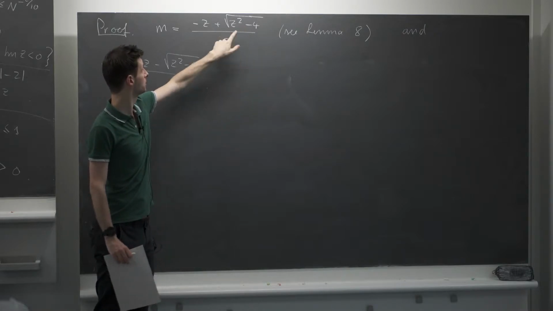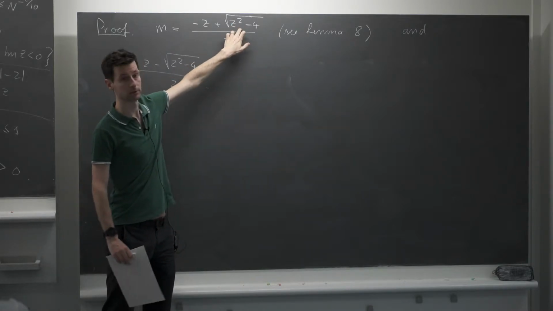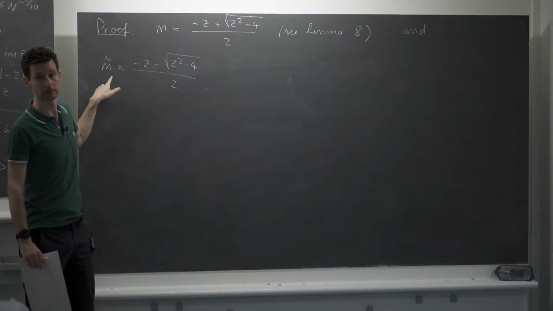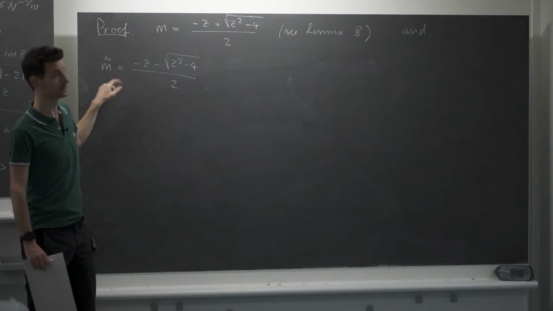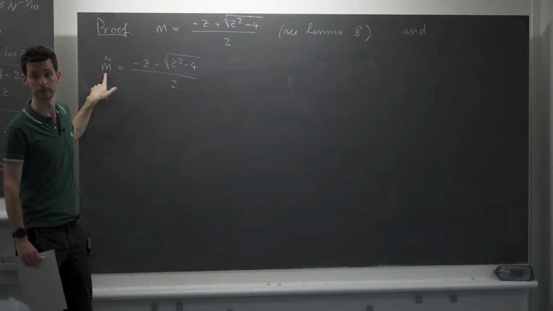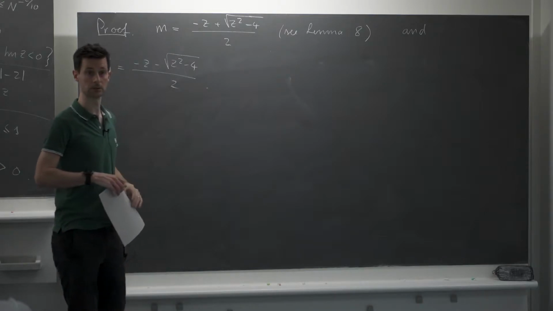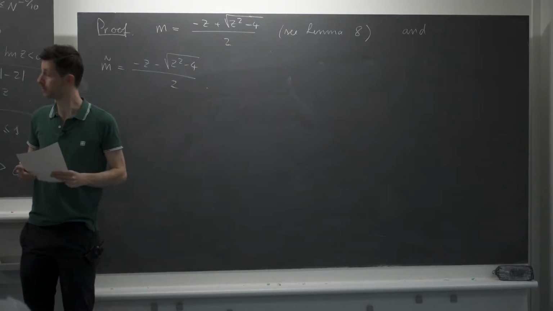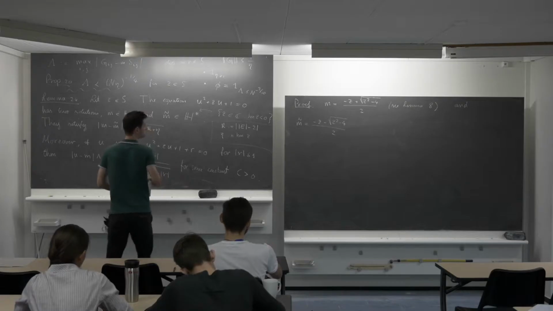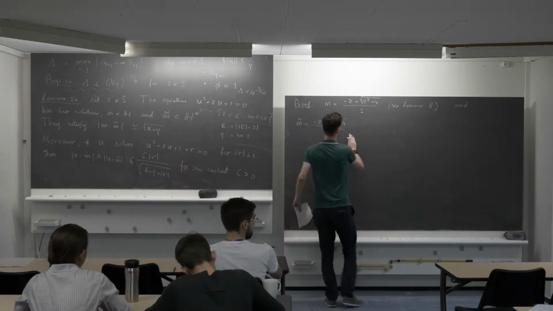If this whole number is to have positive imaginary part, this one needs to have positive imaginary part. Therefore, if you take this with a minus sign, this is clearly going to have a negative imaginary part. So this is the proof already that this is in the upper half plane and that's in the lower half plane. Okay, was this all right? I will not write up anything more about this argument.